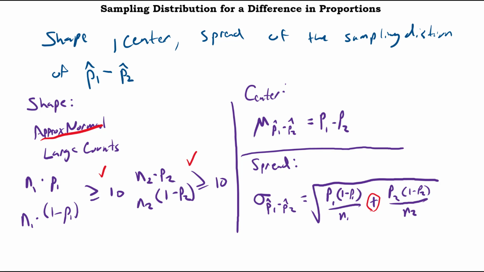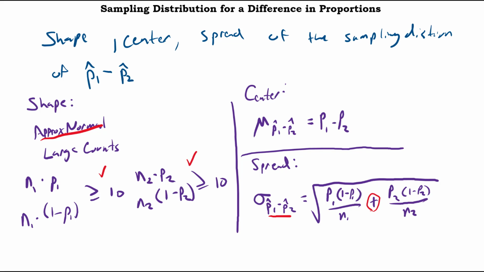A lot of people see that this is a difference and don't like that, and they think it should be a minus sign, but it's actually a plus sign. That is just the formula that was developed and found by doing the math calculations.